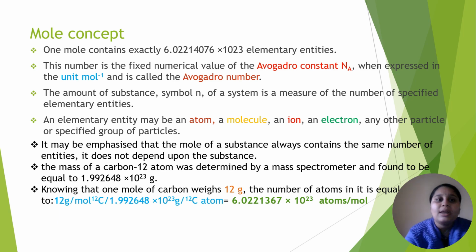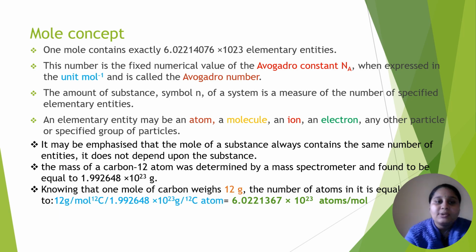Mole concept. 1 mole contains exactly 6.022140076 × 10^23 elementary entities. This number is the fixed numerical value of the Avogadro constant, N_A, when expressed in the unit per mole, and it is called the Avogadro number.